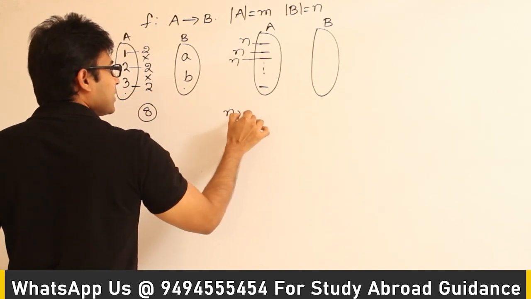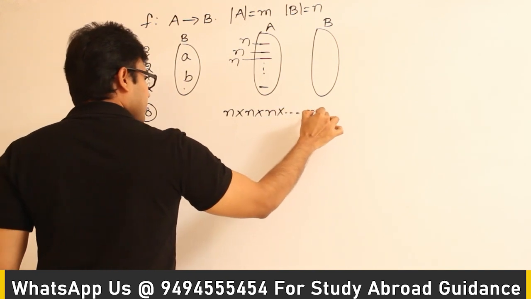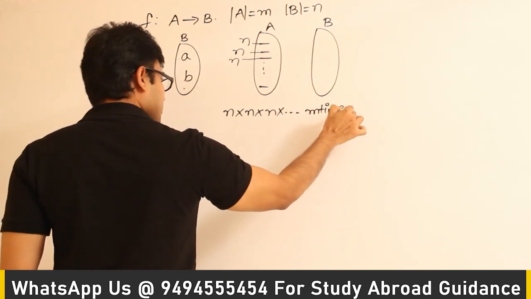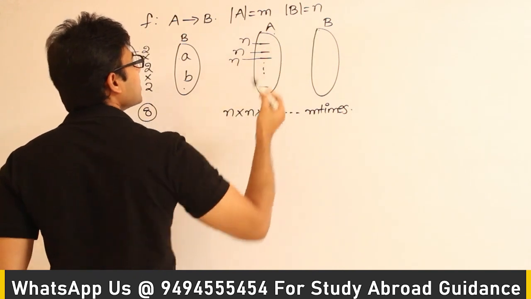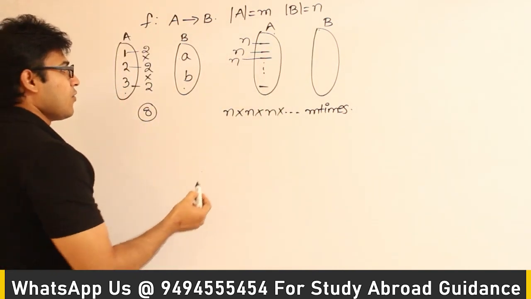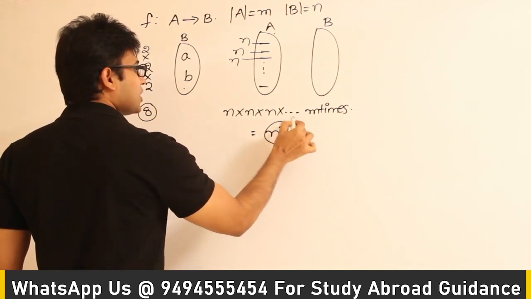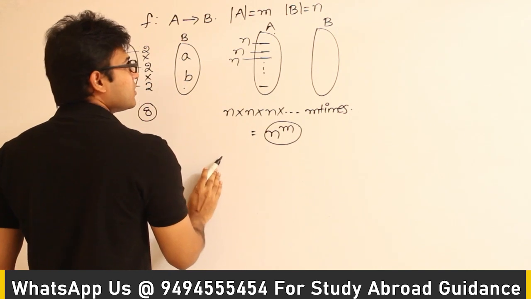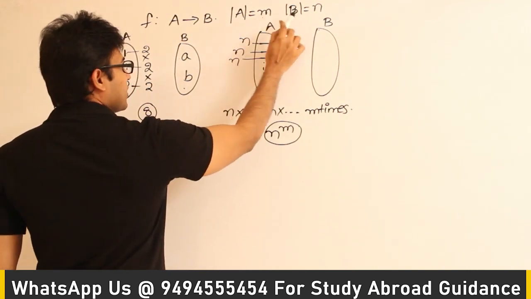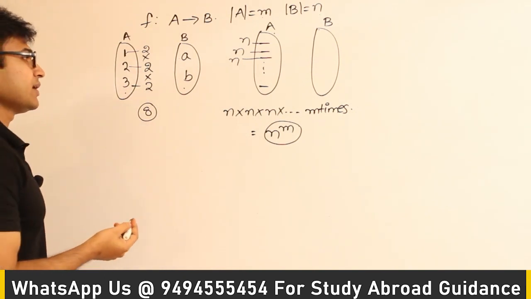Therefore, we get n into n into n into so on, m times. These many functions are possible from a set A to set B, where A is having m elements and B is having n elements. It is nothing but n power m. So this is the total number of functions possible from a set containing m elements to a set containing n elements. Got it? This is how you should analyze it.